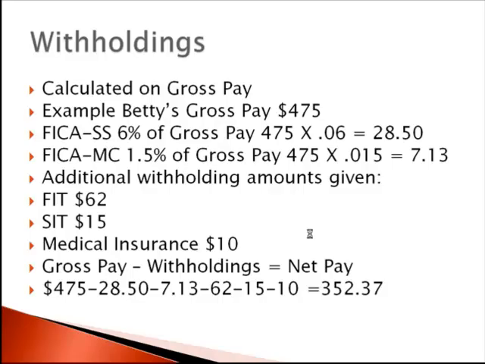Now, this net pay amount is what the employee will receive on their paycheck, also known as take-home pay, and the withholdings that we've calculated and have been given to us become liabilities for that employer that will pay them on behalf of the employee as they become due to the various governmental agencies and other withholding entities.